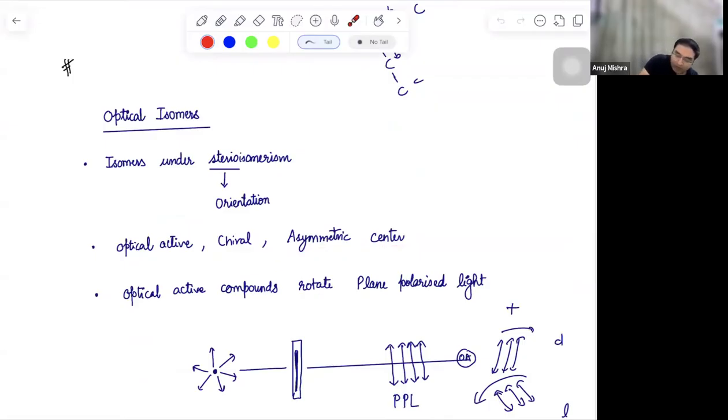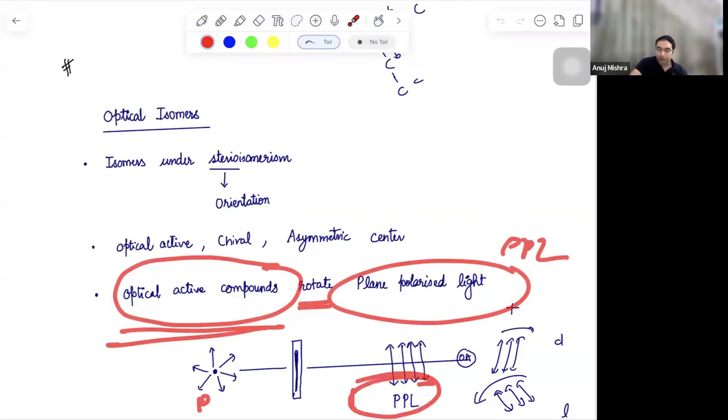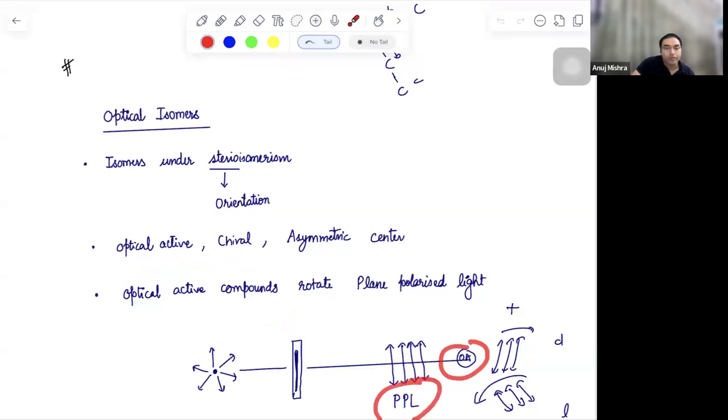What is special thing about optical active compound? Optical active compound can rotate PPL, plane polarized light. Who can rotate? Optically active compound.